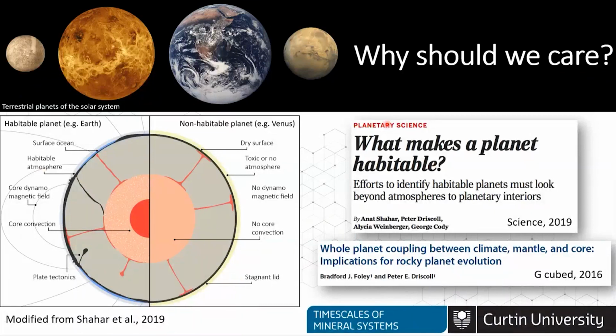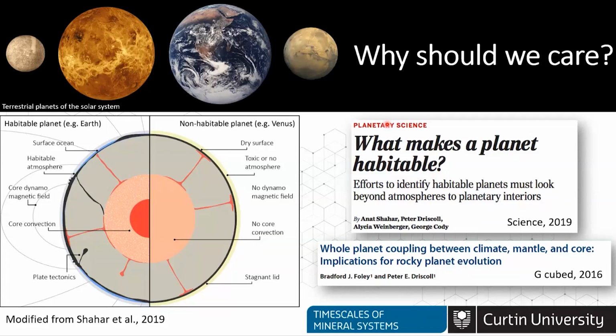And perhaps this coupling of the Earth's surface environment and the interior of the planet is an explanation of why other terrestrial planets like Venus and Mars, for example, that have a similar bulk composition, a similar size, and also similar distance to their host star, developed so drastically different to Earth, and today have surface environments that are hostile to life.